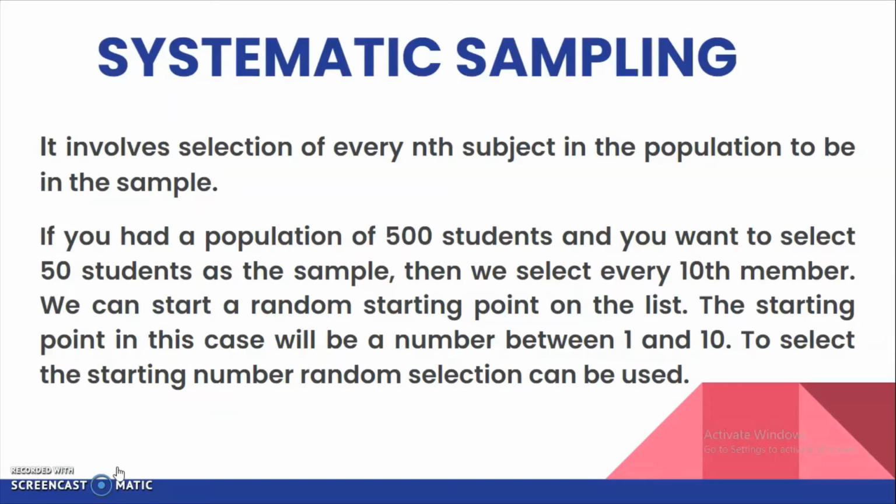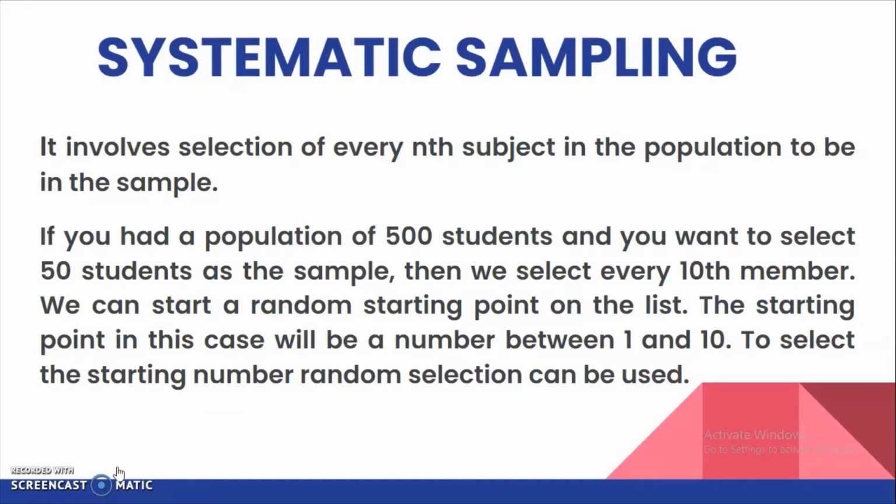So if there are 500 students, we give a number to every student, and then we select a student from every 10th, and the starting point we will not start from number 1, then number 11, not like that. We may take number 2 first, then the next 12. In such a way we can do that.